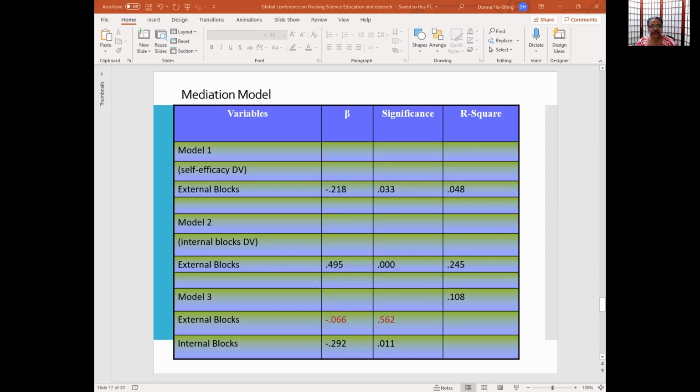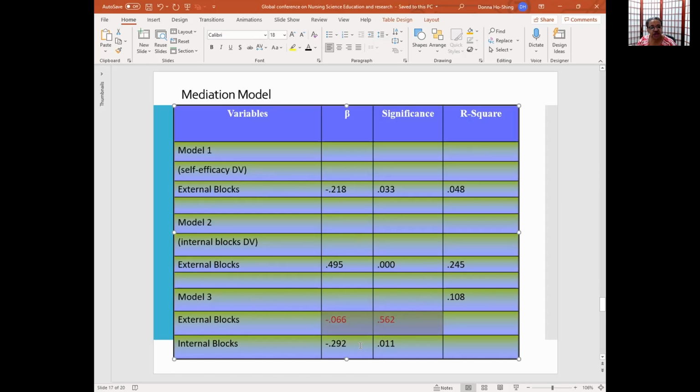If you look here, for external blocks and self-efficacy, the significance was 0.218 at 0.03. And when I entered internal blocks into the equation, external blocks no longer had a significant effect on self-efficacy.